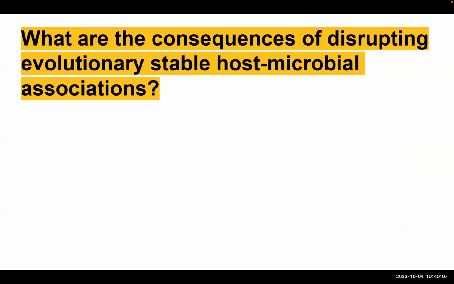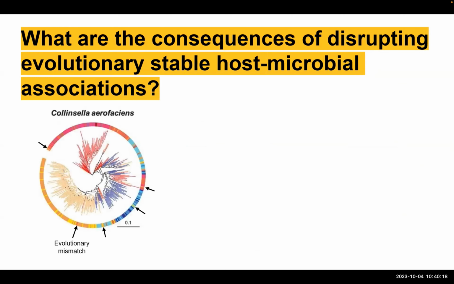And perhaps more clinically relevant, more interesting questions for this audience might be to study the health consequences of disrupting these stable associations. Here's an example of co-diversified microbes, and these arrows are pointing to this evolutionary mismatch. For example, here, there's an African individual carrying a European strain. So the question is, what's the health consequence of this mismatch?